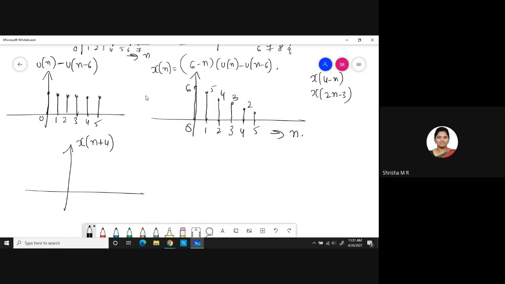So n plus 4 means from where will the signal start? The signal will start from minus 4, because here k is positive, it is left shifting and the signal is occurring 4 seconds earlier. What is at 0 will go to minus 4.